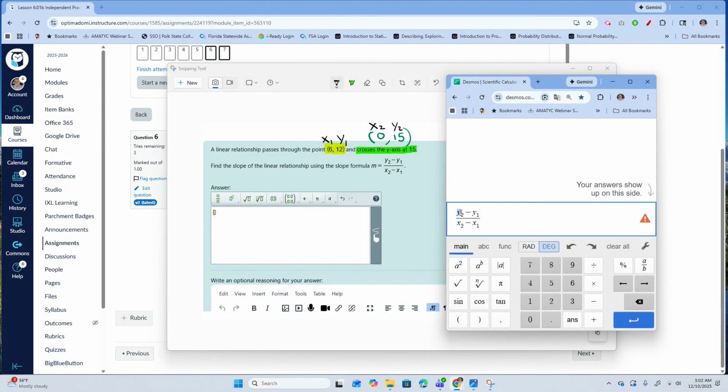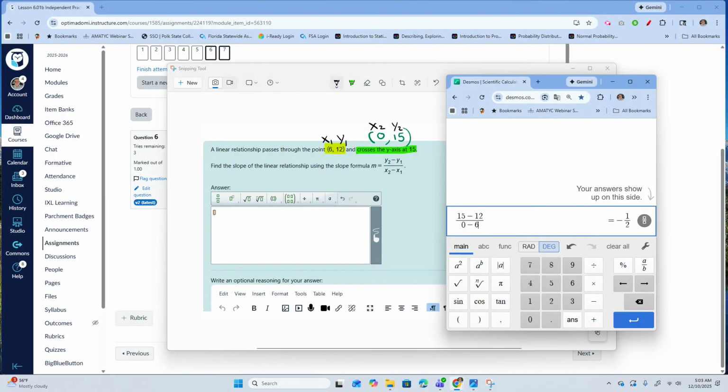So who's my y2? You can see it's 15. Who's my y1? That's going to be 12. Who's my x2? That's going to be 0. And who's my x1? That's going to be 6. And again, if you get a decimal, click on the circle. You got the slope. Okay?